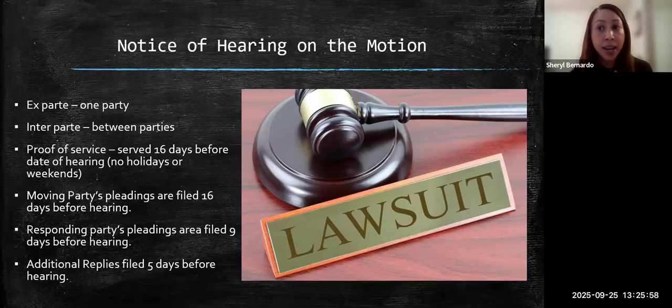Your documents, if you're the moving party, have to be filed 16 days prior to the hearing. The responding party, who now finds out they have to be present for a motion hearing, gets to file a response 9 days prior to the hearing, and any additional responses from either party are due 5 days prior to the hearing.